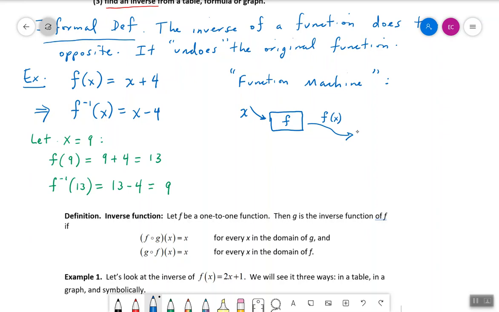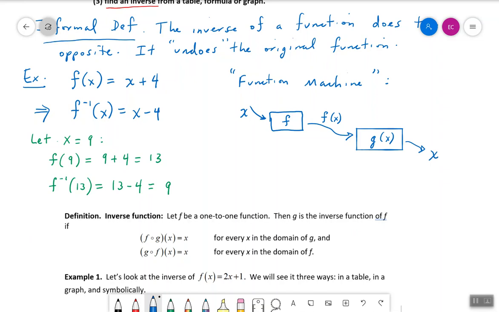Right, so that's the output from f. And now we're trying to have a new function g, so that when we take the output from f, we get right back to where we began in the first place, which of course is x, right?